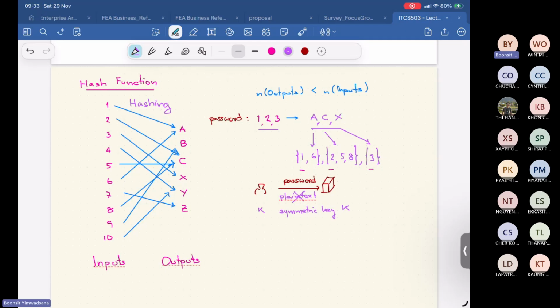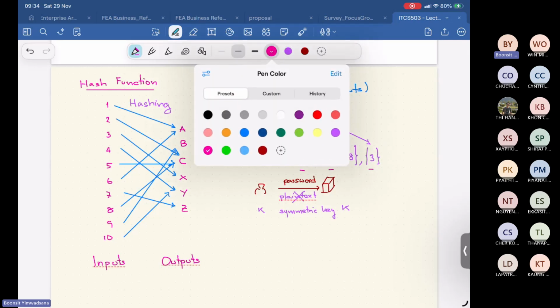Remember, there is no such thing as a non-reversible symmetric key cryptography and asymmetric key cryptography, except the hash function. So, if one of 1,000 users can find out what this key is, or by definition, for symmetric key cryptography, everyone shares the same key. This means that if I know this secret, I can basically decrypt your password. So, this is not a good option.